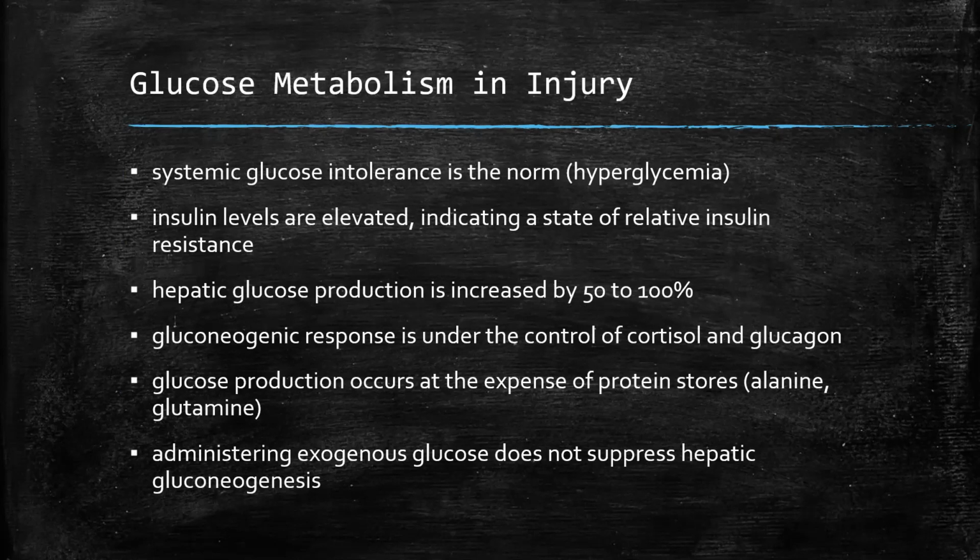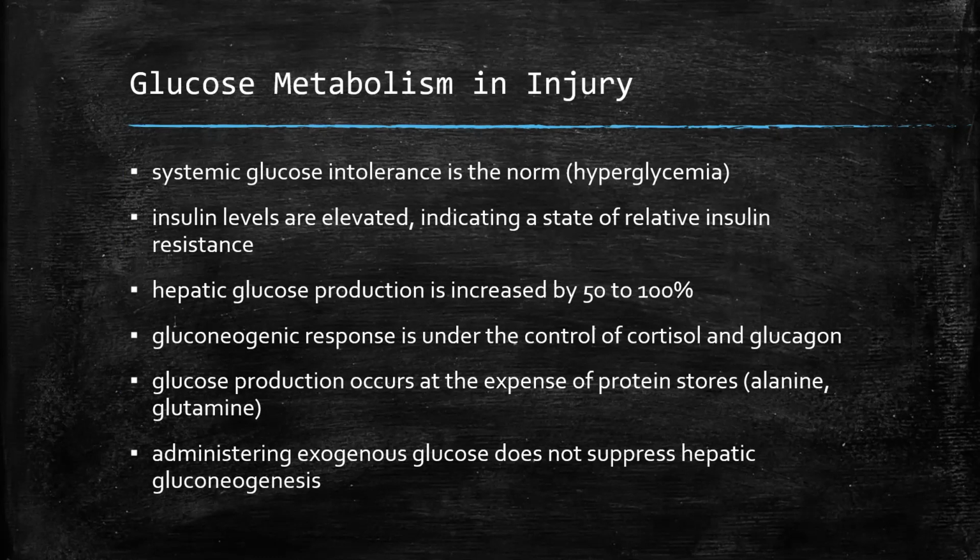Insulin levels during this time are elevated, but insulin is not effective early on in an injured patient because there's a state of relative insulin resistance, presumably due to downregulation of insulin receptors. Hepatic glucose production is increased by up to 100%, and this is under the influence of cortisol and glucagon.